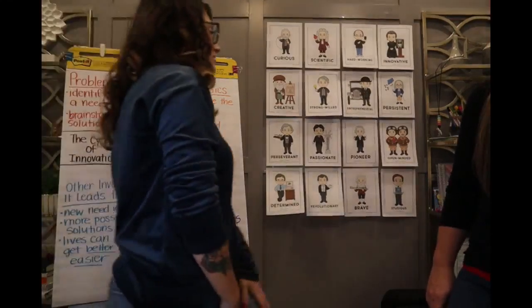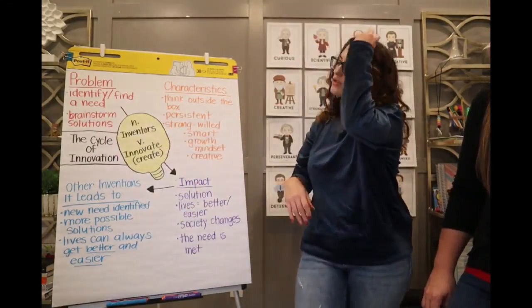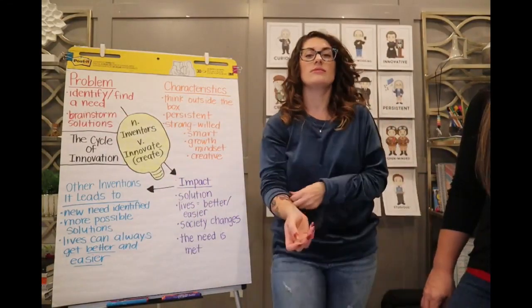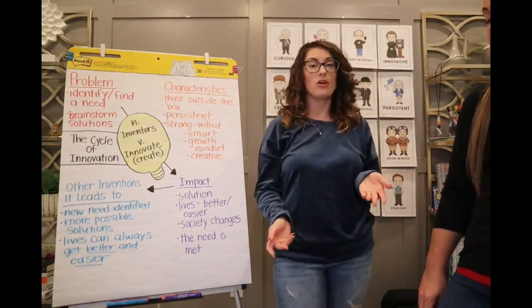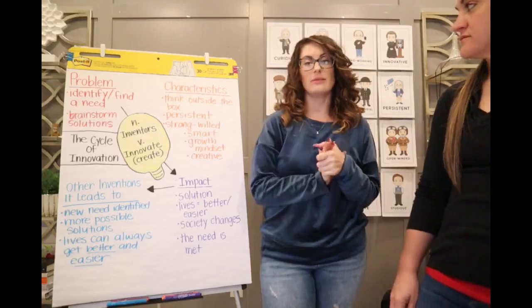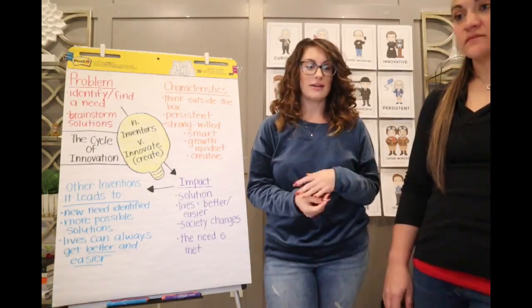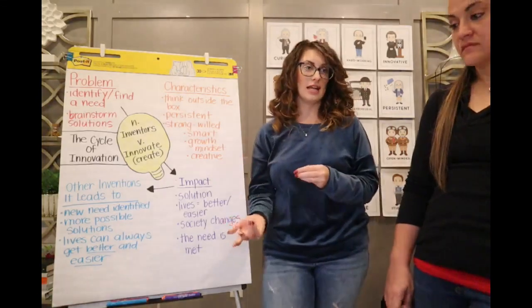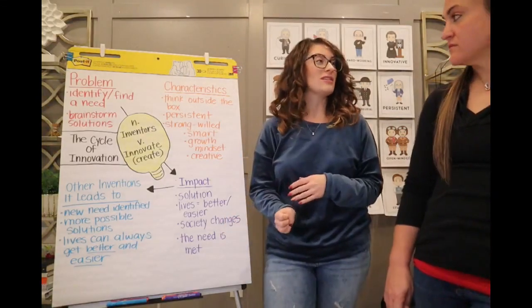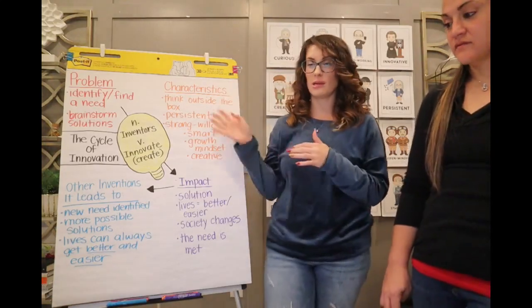So then what I would do after talking about this cycle of innovation is have students talk about a technological impact on their own lives. This always breaks my heart, because I say, let's talk about a positive that technology has had on your life, and then a negative, and they'll tell you the negatives, and how they fully understand this is a double-edged sword.